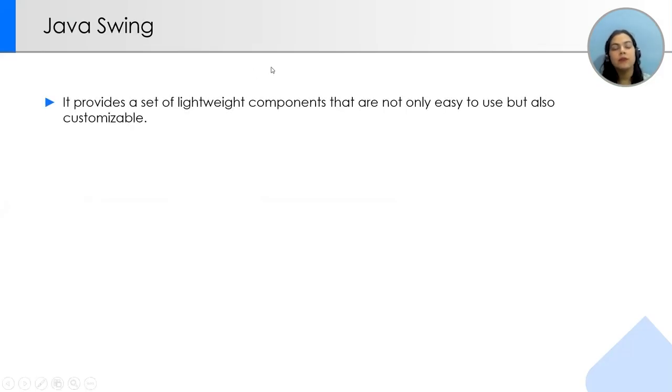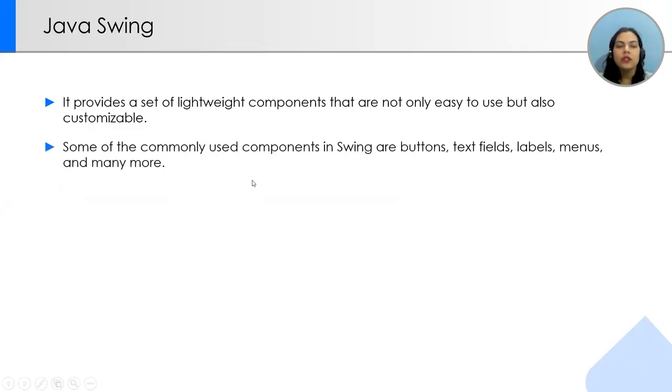Also, as AWT was a heavyweight process, Swing has lightweight components that are not only easy to use but also customizable. Some of the commonly used components in Java Swing are buttons, text fields, labels, menus, and many more. In AWT, we had buttons, text fields, and labels, but these were not easy to use and not customizable.